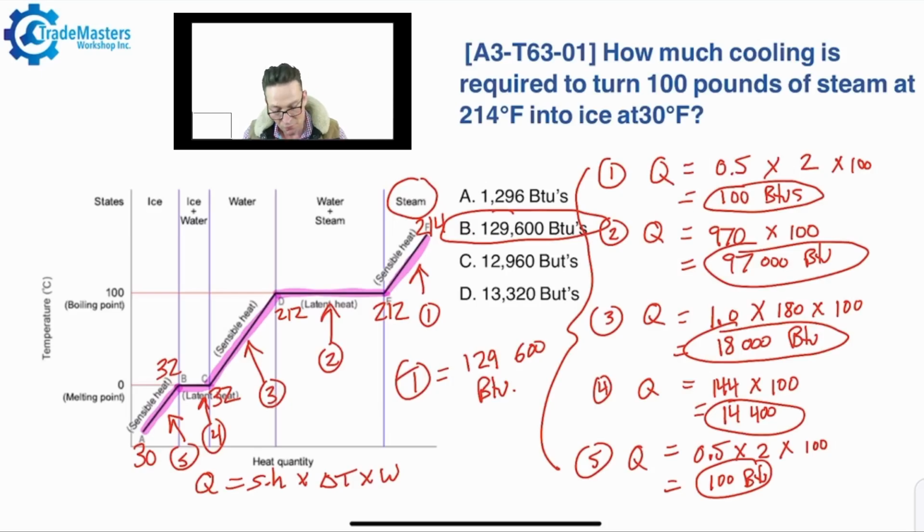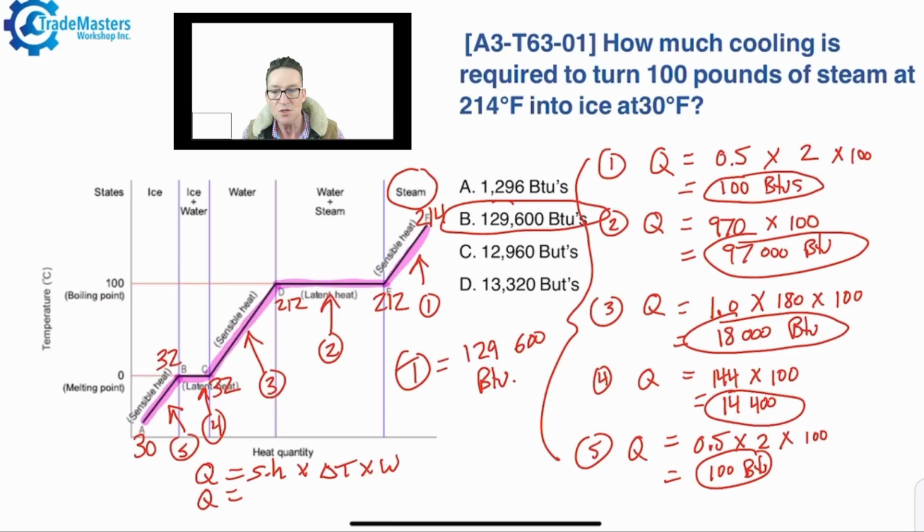But steps 2 and 4, we used a very simple formula, which was the latent heat energy changes, which is going to be Q is equal to the specific heat, which is 970 BTUs if you're going water to steam or steam to water, 144 BTUs if you're going from liquid to ice or ice to liquid. So we got the specific heat, basically, which is how many BTUs per pound are required to change state, and then times the weight, W.